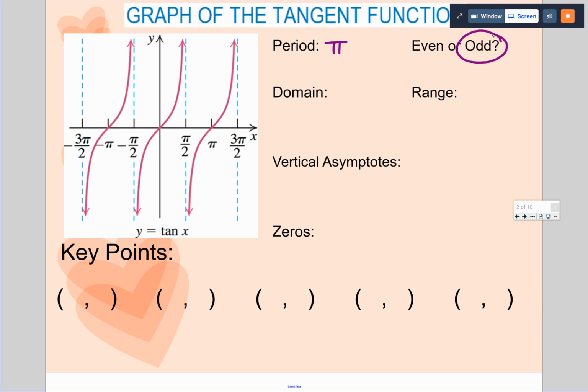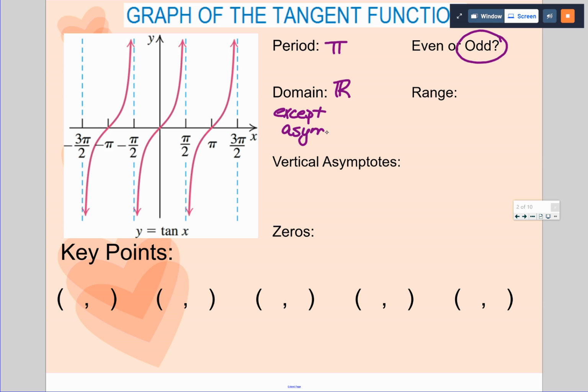Domain, this is going to be the only time I'm going to allow you to write domain without interval notation, because if we used interval notation, there would be an infinite number of intervals. This is an interval, this is an interval, this is an interval, and it goes forever left and right. So what we're going to say for domain is we're going to use this symbol, all real numbers. It's a capital R with an extra bar on it, except our asymptotes.